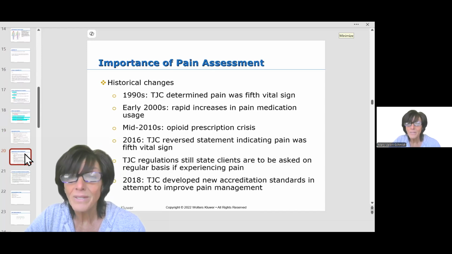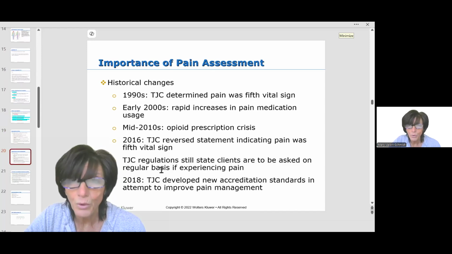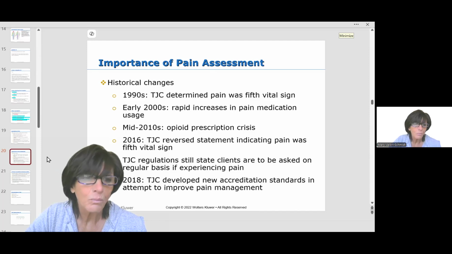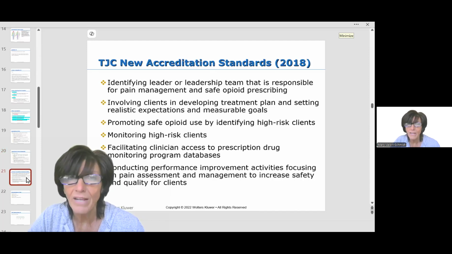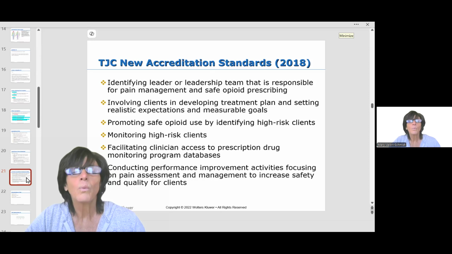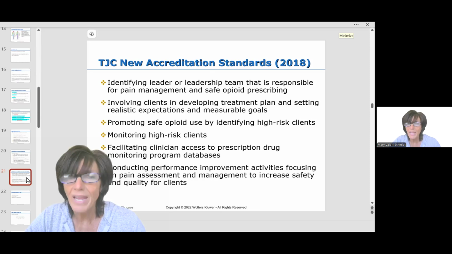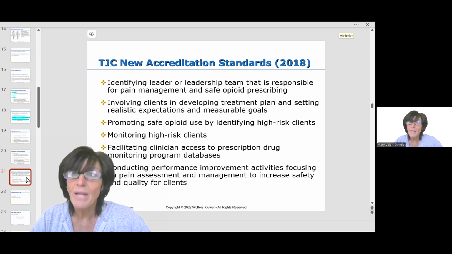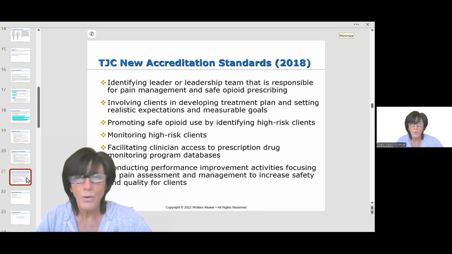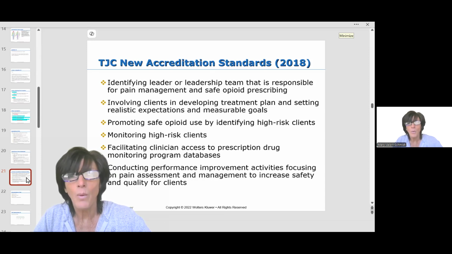It's really important to assess pain. I'm not going to have you go through all of this, right? When it was determined that it was part of the vital signs. But we do need to make sure we understand that for accreditation, people have to understand that we don't withhold meds from people. So there's an opioid crisis, we know, that's been going on for a minute in this country.